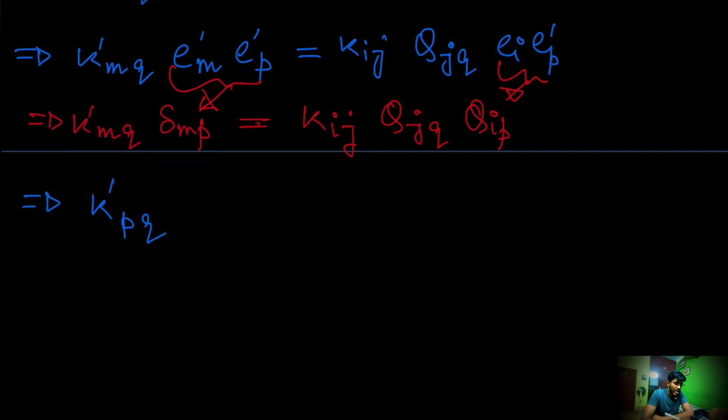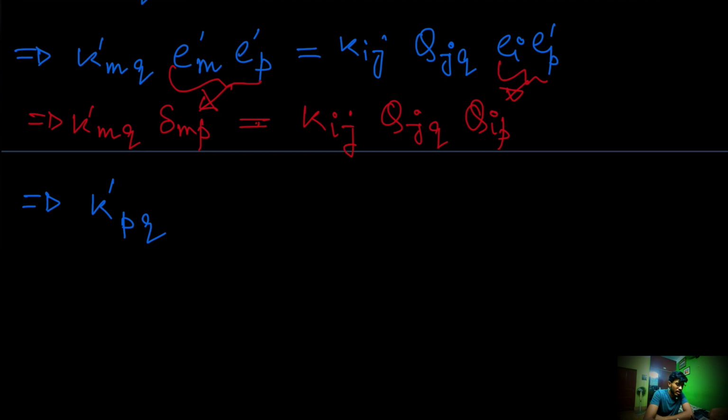Now you can ask me that I could have written P is equal to M. Okay. So then again, if you write P is equal to M, and you don't change this M here, then there is no benefit.